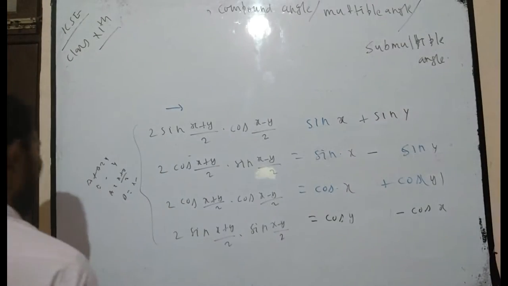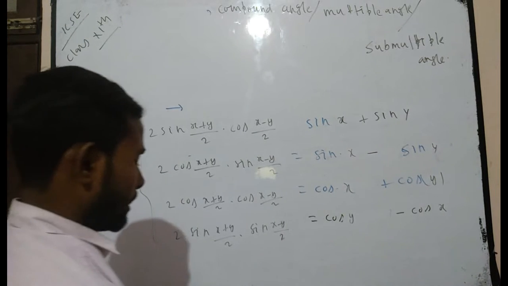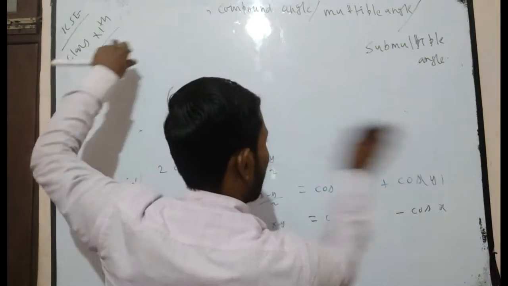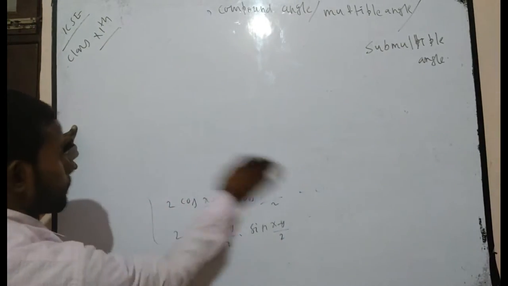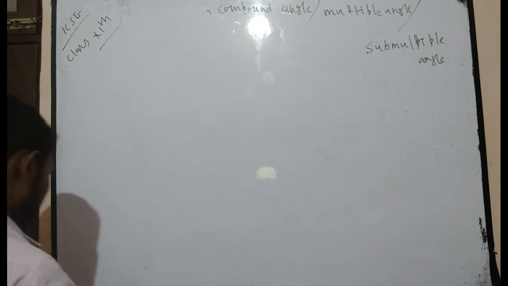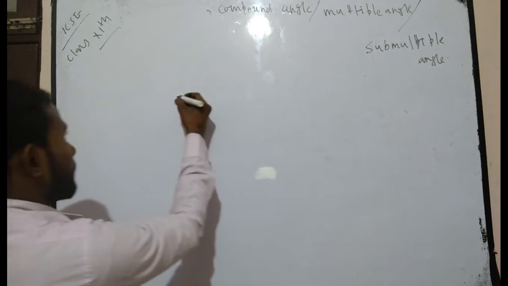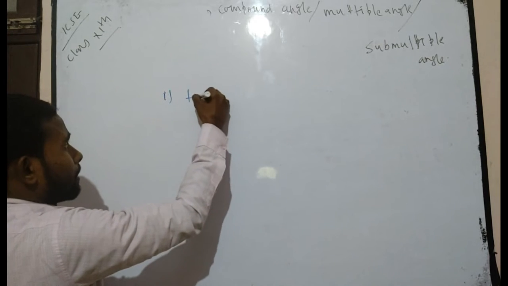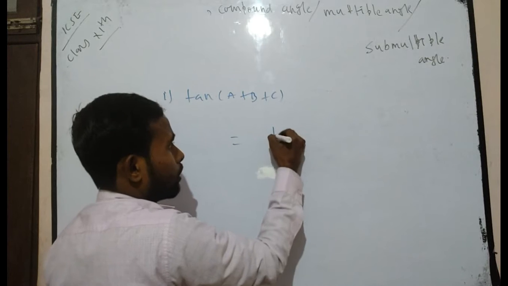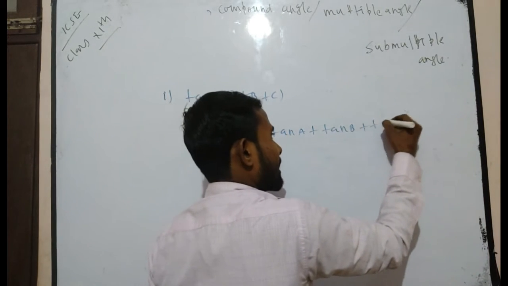There is also another formula. Sometimes I use it, so I want to write it. That will be tan(a plus b plus c) is equal to tan a plus tan b plus tan c minus tan a into tan b into tan c, divided by 1 minus tan a into tan b minus tan b into tan c minus tan c into tan a.